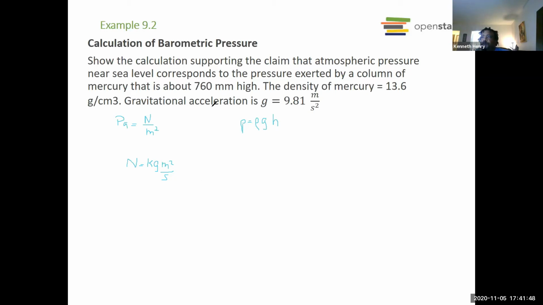Okay, so if a Newton is equal to kilograms meters per second squared, what are the units that we want to end up with? What are the units that we're given? First off, for rho, what do we have? We know what g is. What are the units for rho? What is rho?